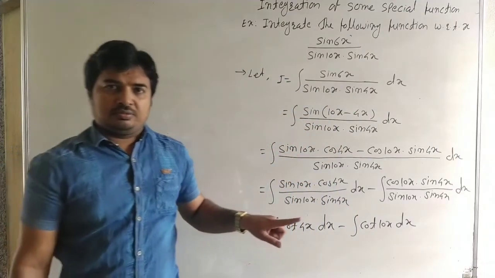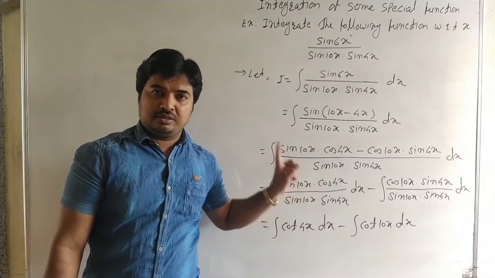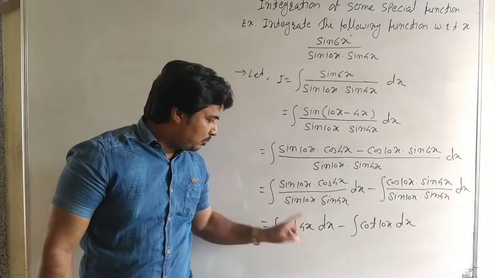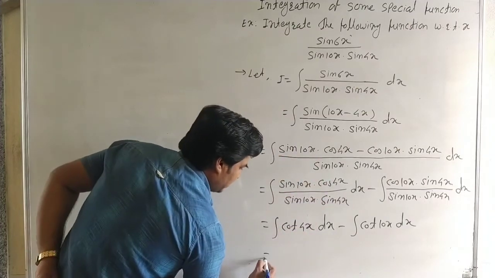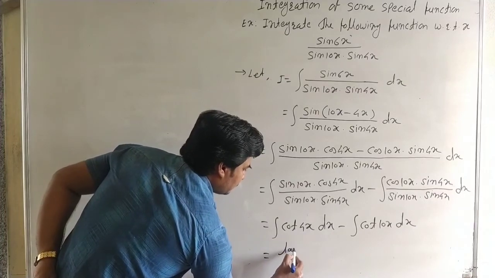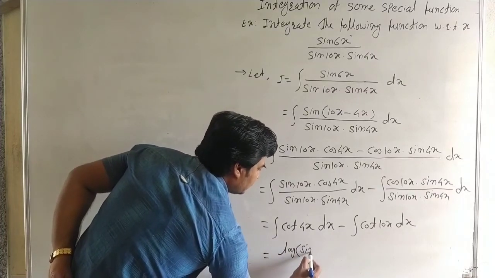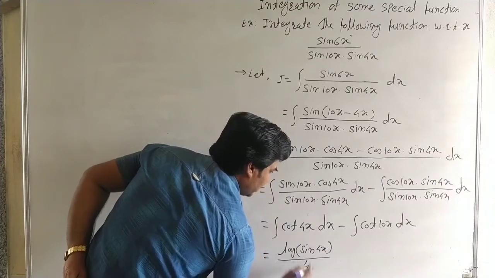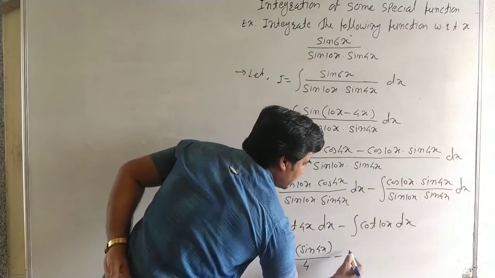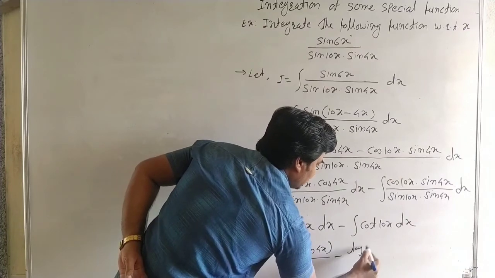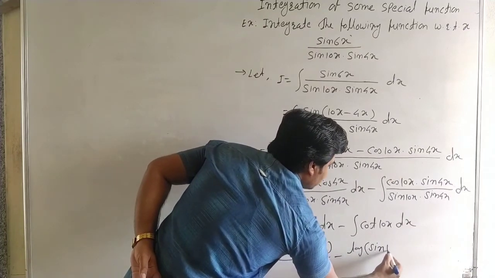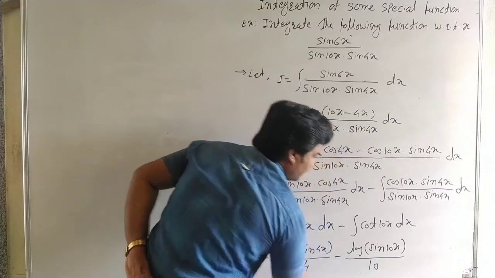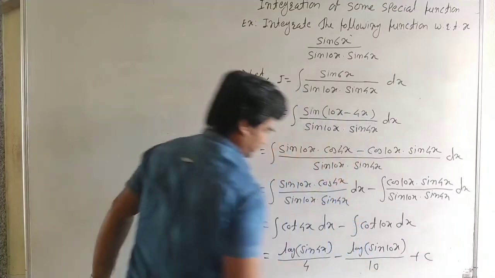Integral of cot x is log of sin x. But here 4x, so the integral is log of sin 4x upon 4, minus log of sin 10x upon 10, and plus c.